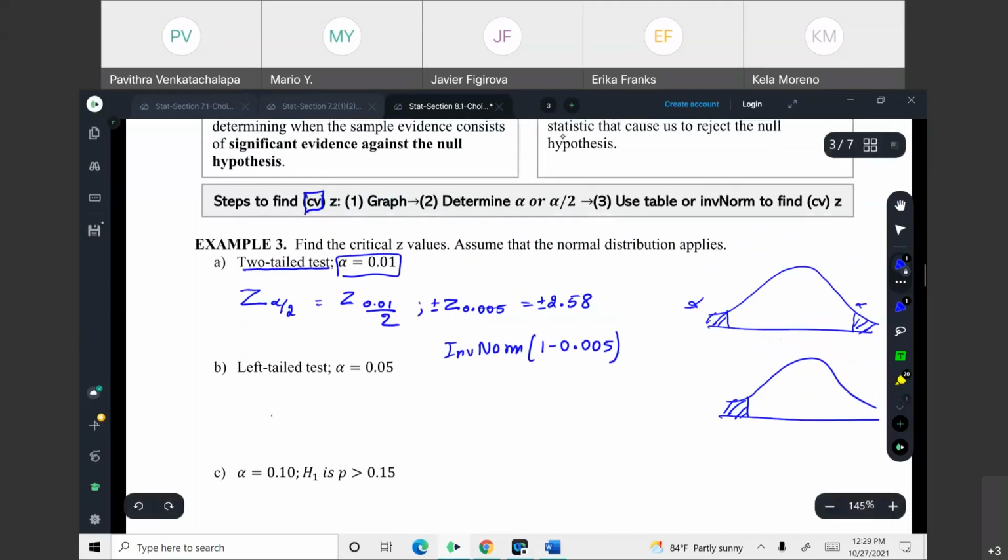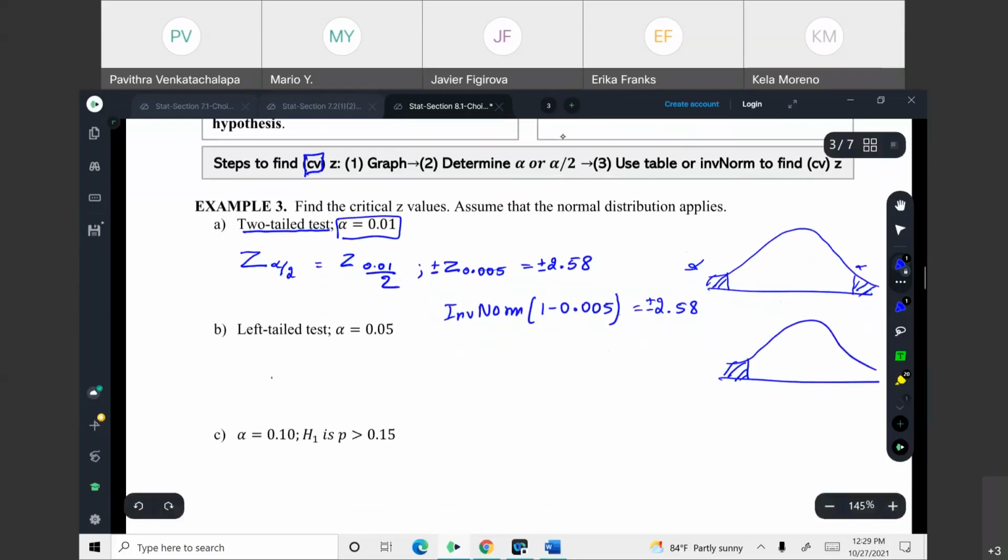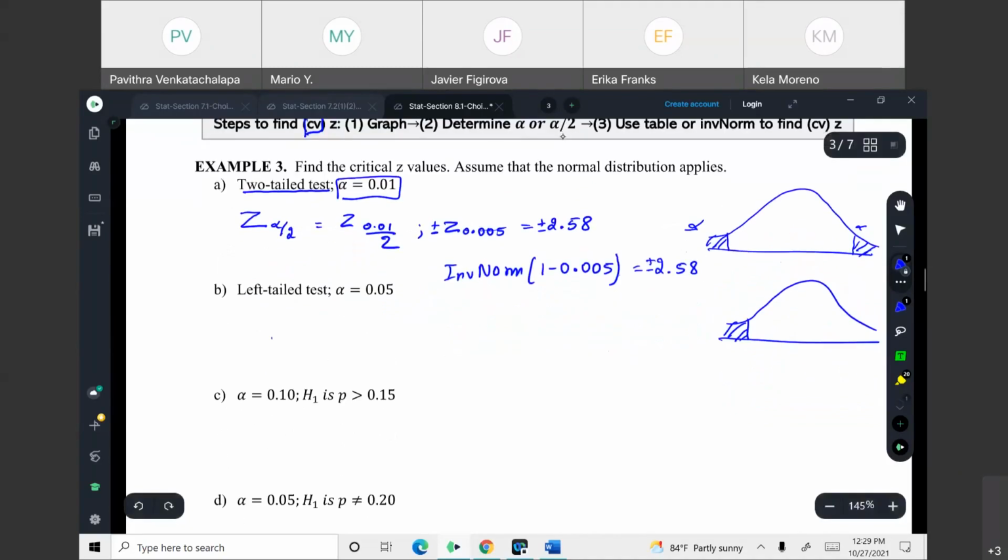You don't have to use mean and standard deviation. If you do this, you will get 2.58. Since it is on either side, the only difference will be in the signs, not the value. Now for a left tail test, you will be calculating Z alpha, that is Z 0.05, and this would be only one value, on one side. Yes, you will get a negative value.